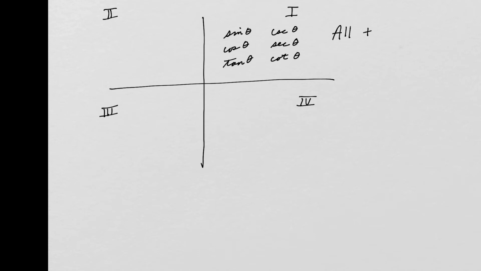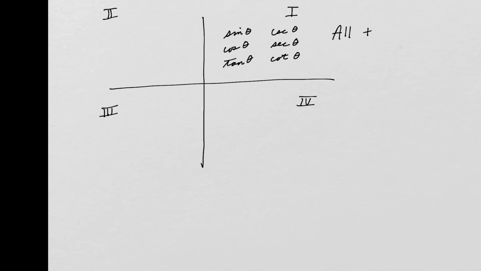Quadrant 2, quadrant 3, and quadrant 4. So remember, in quadrant 1, all of the trig functions are positive. So what does that mean? It means sine of theta, cosine of theta, tan of theta, cosecant of theta, secant of theta, and cotangent of theta. They're all positive in that first quadrant, right?